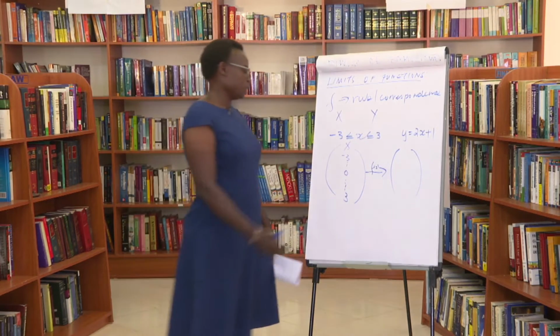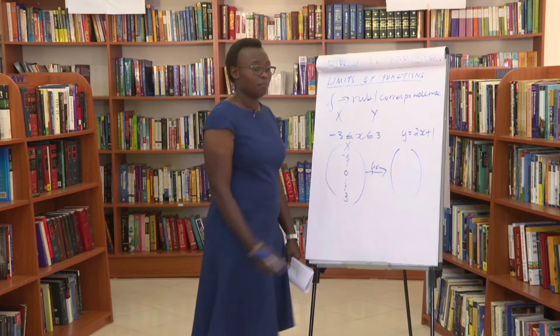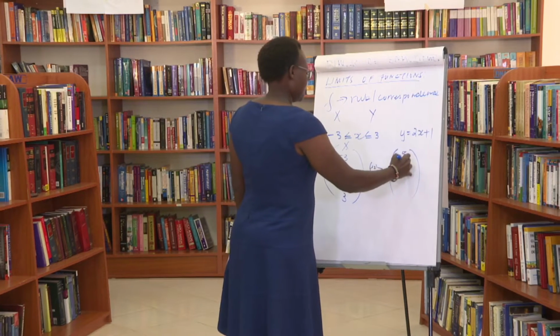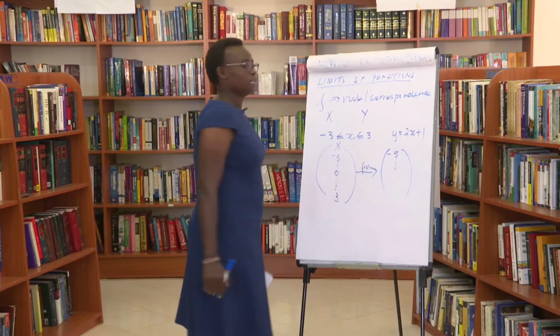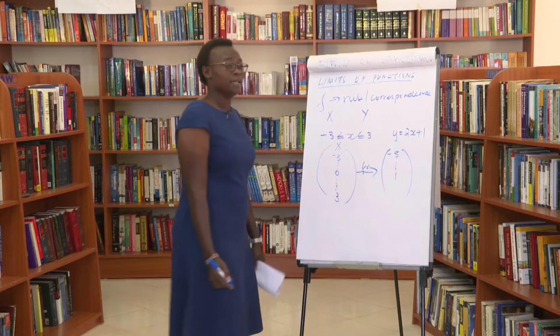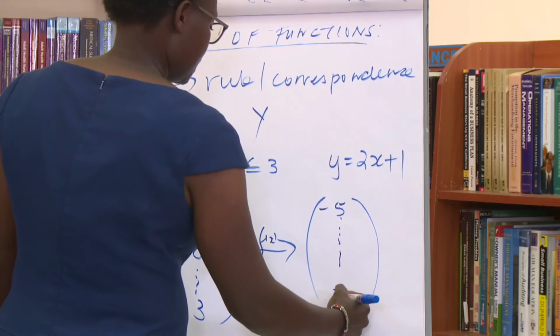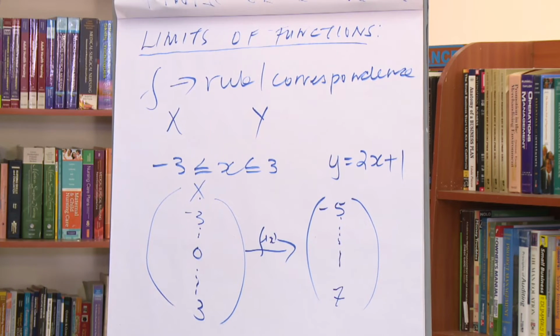So for example, when X is -3, that gives us -6 plus 1, which gives us -5. When X is 0, Y is 1. And when X is 3, that gives us 6 plus 1, which gives us 7.